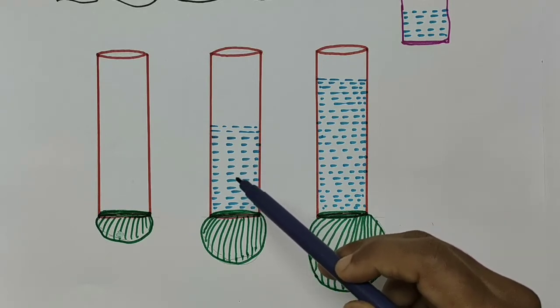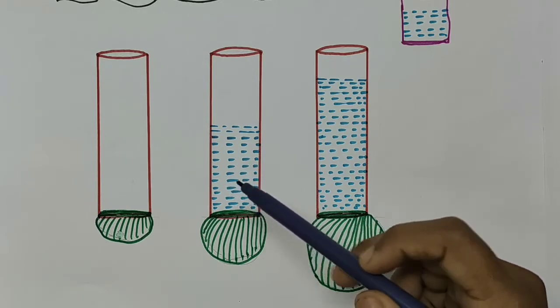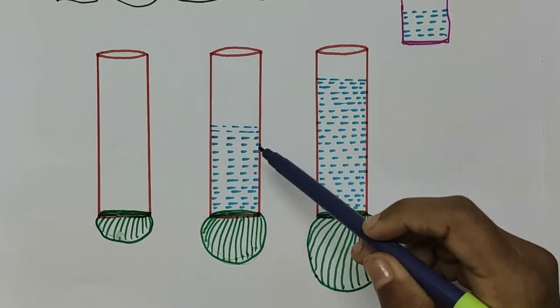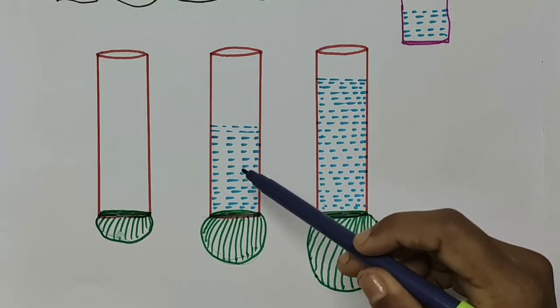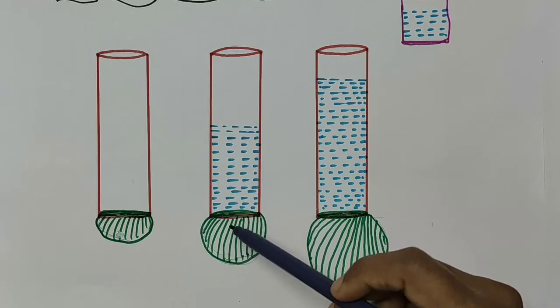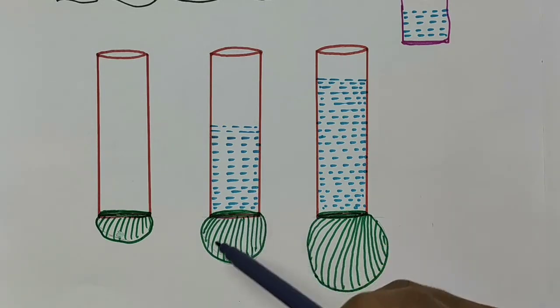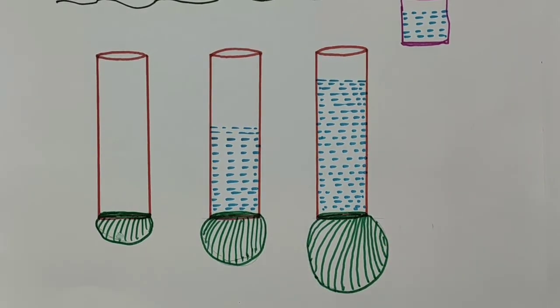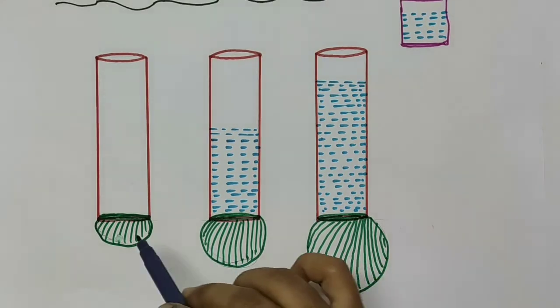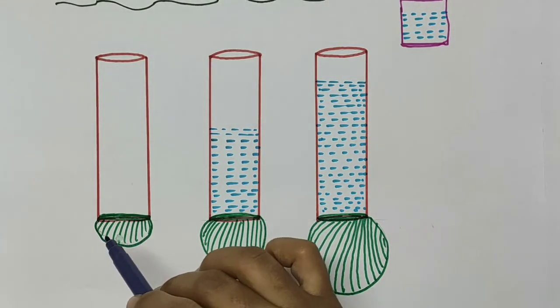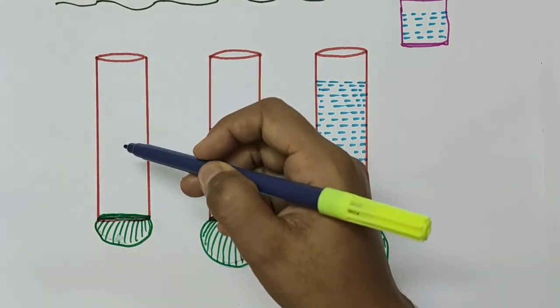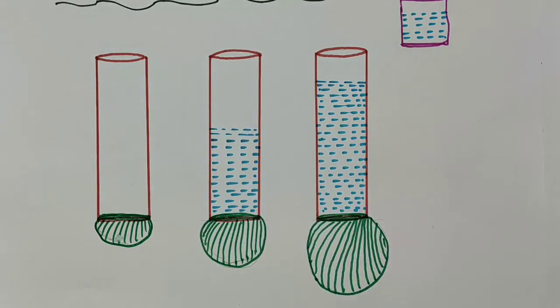Water is a liquid, right? When we fill the glass tube with some water, the balloon will bulge a little. Compare the size of the balloon here with the first case, where the glass tube was without water.